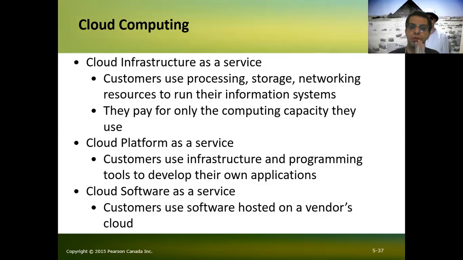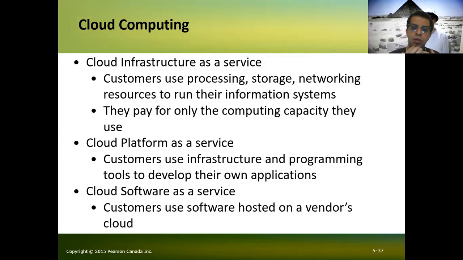In cloud computing, there is cloud infrastructure as a service, where customers use processing, storage and networking resources to run their information systems. They pay only for the computing capacity they use: two servers, two CPUs, four CPUs. That's how they price it.